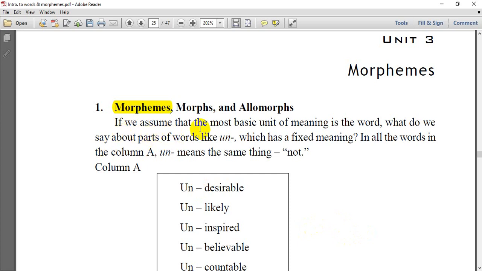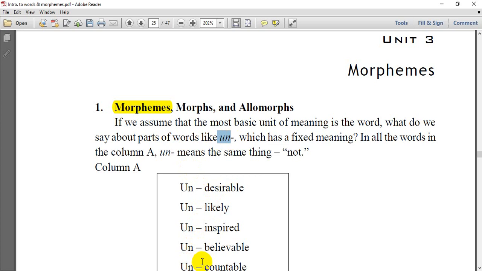If we assume that the most basic unit of meaning is the word, what do we say about parts of words like un, which has a fixed meaning in all the words in column A? Undesirable, unlikely, uninspired, unbelievable, uncountable.